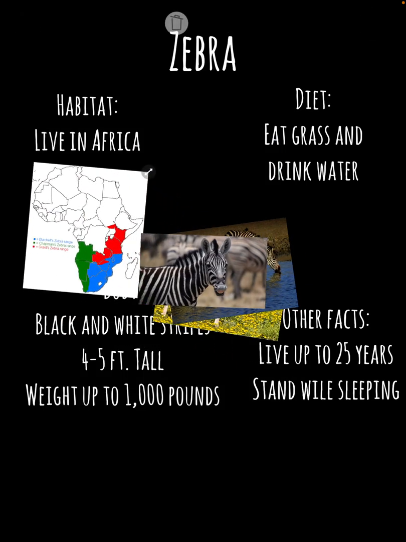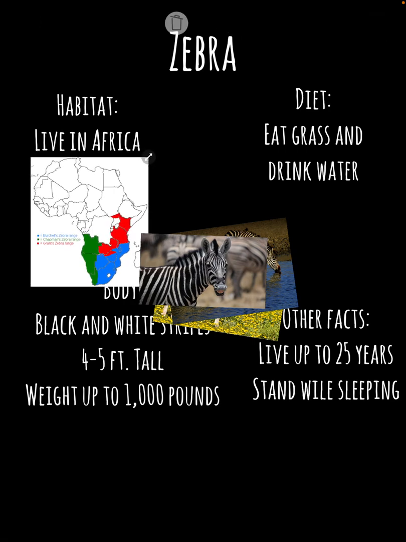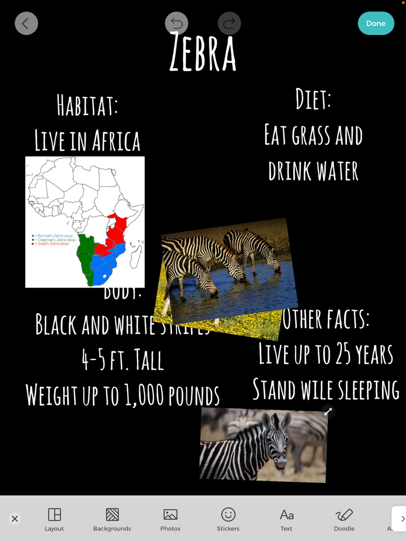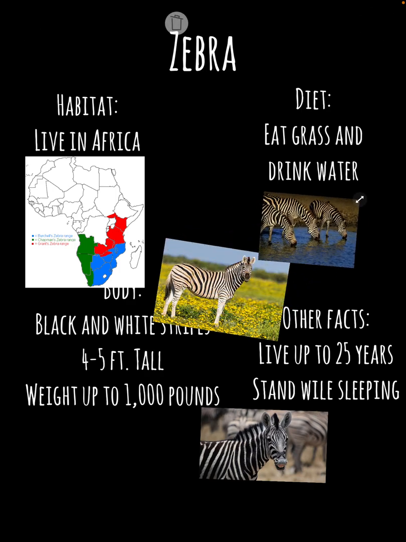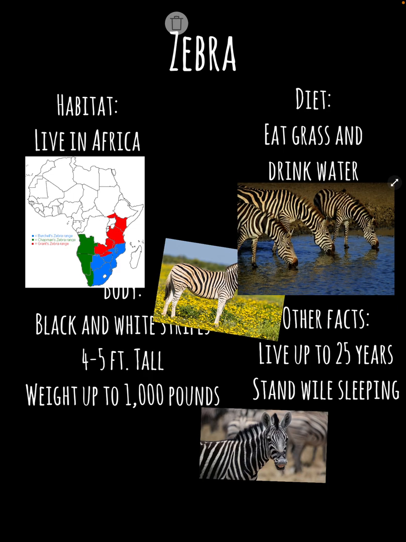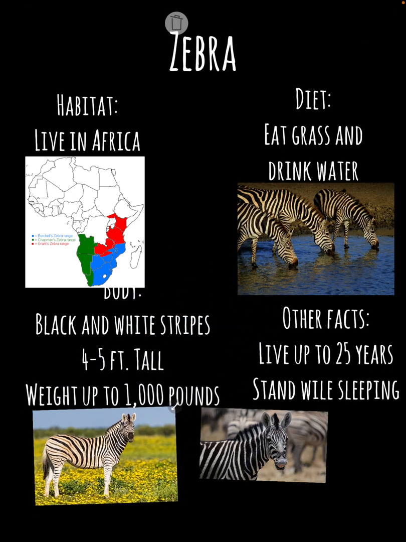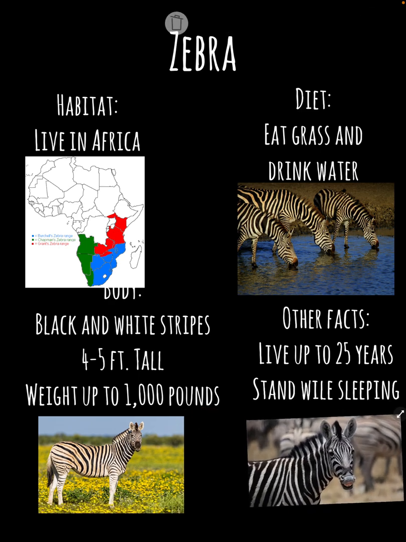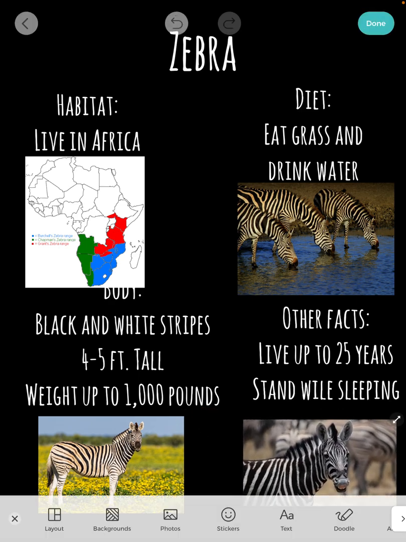Then all you have to do is click and move it and make sure it's nice and straight, because you want your pictures to be nice and you want your presentation to be nice, okay? So I'm going to put this one down here, and this one down here, okay? Now, do you have to have all those? No, but you can, okay?